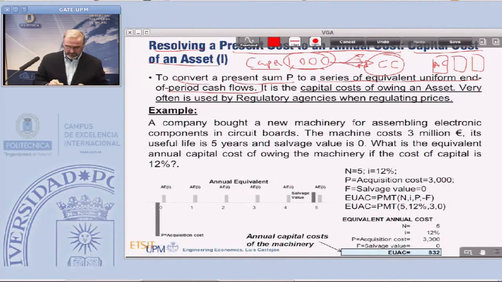For example, imagine that you construct a new mobile network. You are a telecom company investing in towers and radio equipment and so on. And then one of the regulator's tasks is to calculate the cost of 1 minute of mobile telephony.